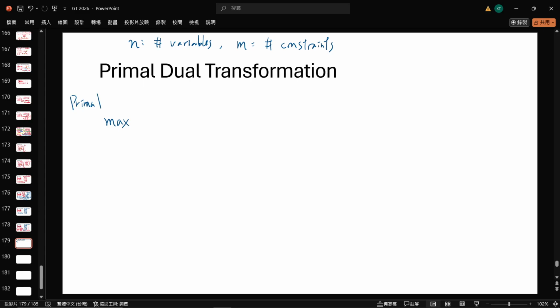Let's first assume that the primal problem is a maximization problem, and the coefficients are just c1, c2 up to cn.